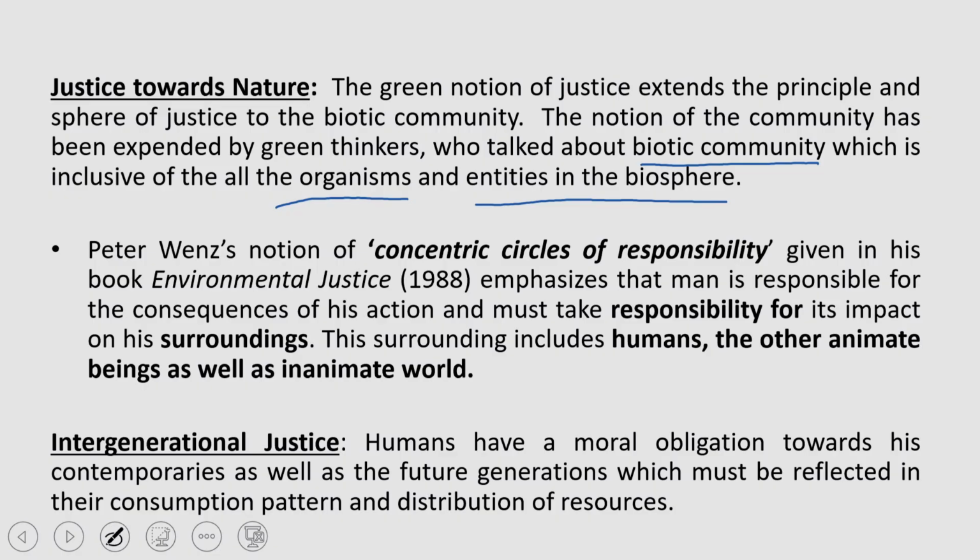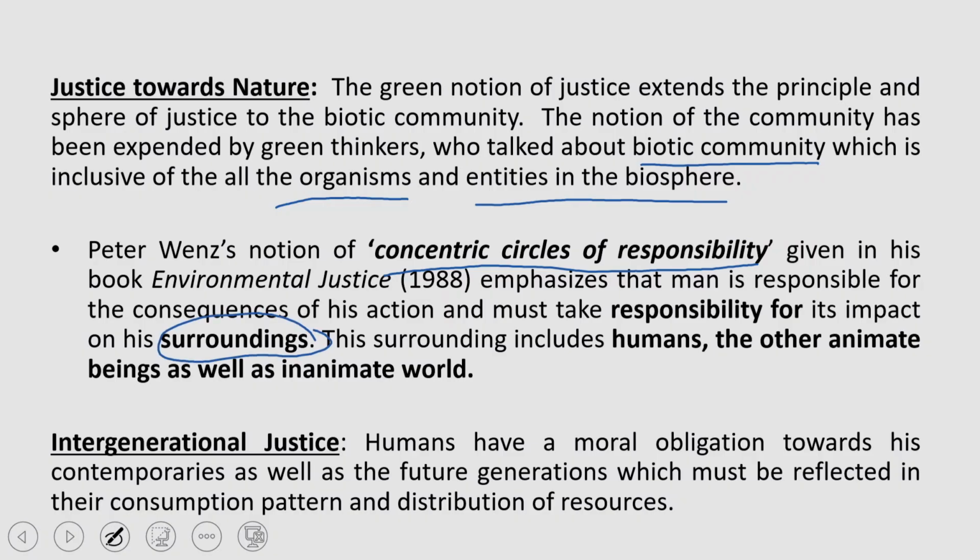Here, a concept given by Peter Wenz, the concentric circle of responsibility, is very important. He gave this concept in his book Environmental Justice, where it is emphasized that man is responsible for the consequences of his action and must take responsibility for its impact on his surroundings.